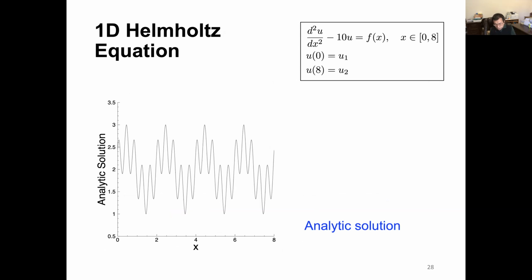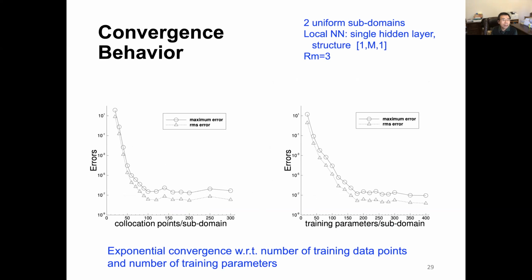So let me next use some examples to demonstrate some of the properties. The first one is the 1D Helmholtz equation. This figure shows the maximum error and the RMS error as a function of the collocation points per subdomain. Here there are two subdomains with a single hidden layer neural network.